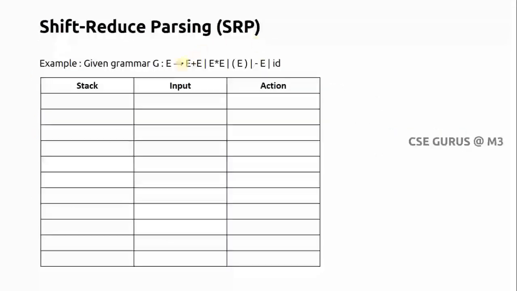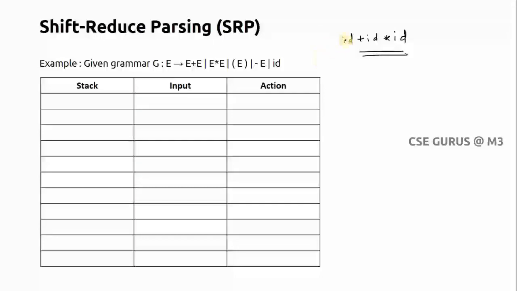Again I'll take the same grammar which I took as the example previously. E goes to e plus e, e into e, open brace e close brace, e slash e, e minus e, and id. Again I want to derive the string id plus id into id, and I have to find whether this input string is accepted by the grammar using a bottom-up parser.